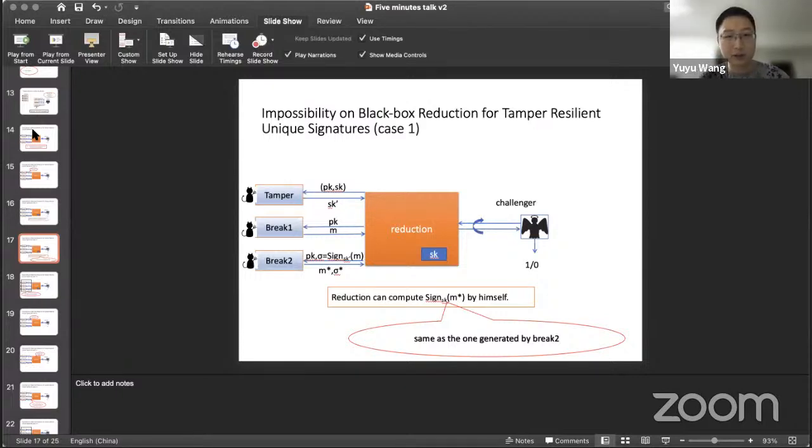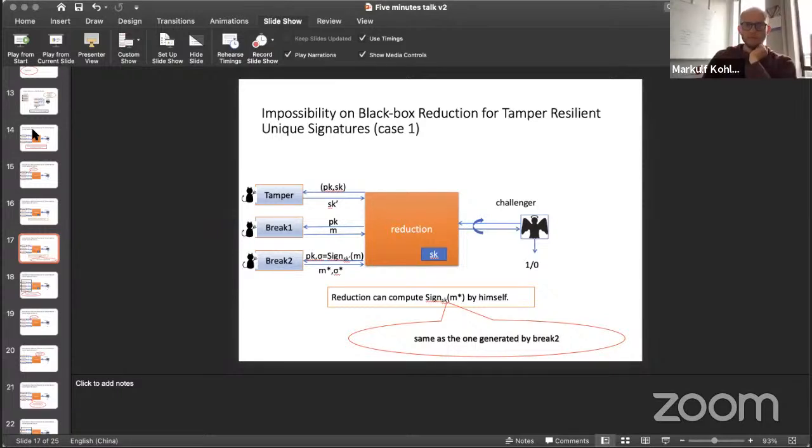Here we use the uniqueness to show that the signature generated by the reduction will be the same as the one generated by the adversary, which means that what the reduction receives from the adversary can be generated by itself. If the uniqueness doesn't hold, then maybe the signature returned by the adversary will be different from the one by the reduction. Then the reduction may make use of the two different signatures to do something. That's why uniqueness is necessary.